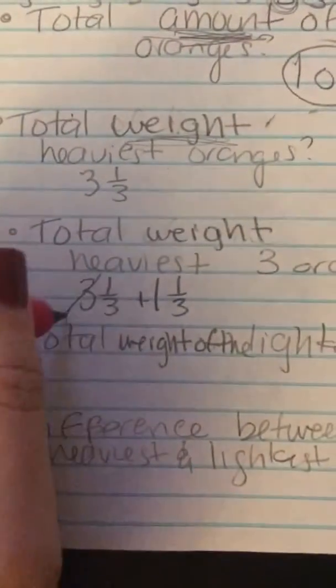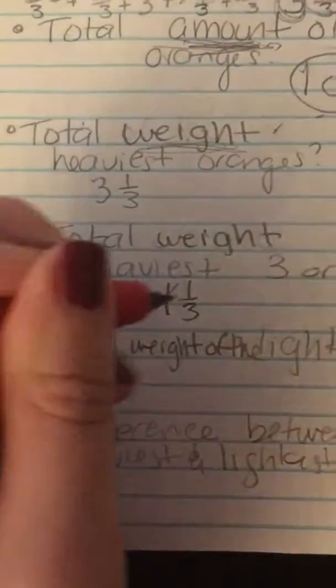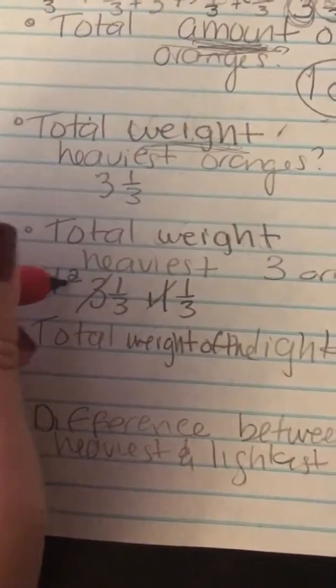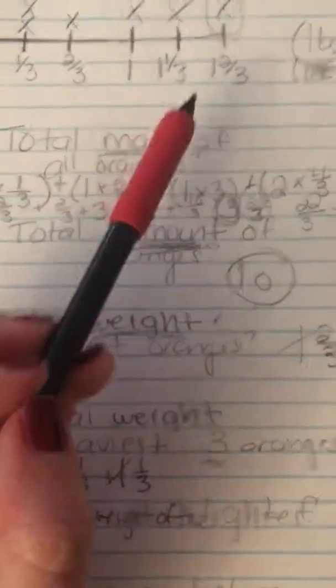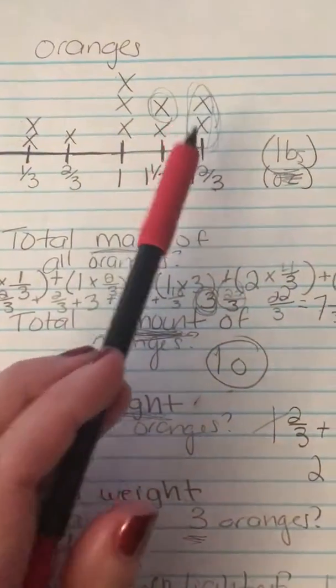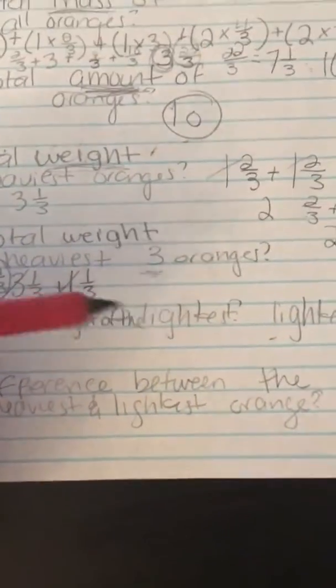I take my wholes to the side. 1/3 plus 1/3 is 2/3. And that's the total weight of my 3 heaviest oranges. 1, 2, 3.